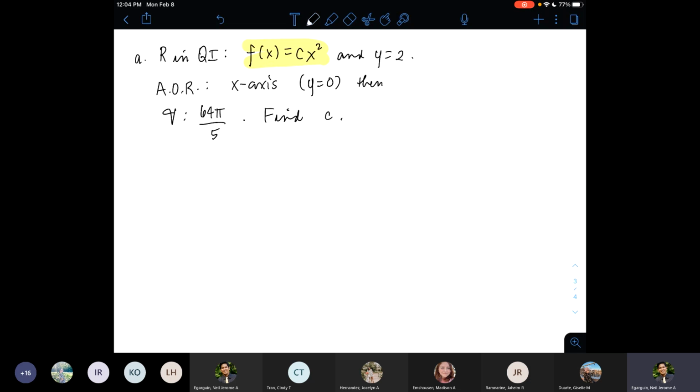Well, c is an unknown constant, so let's just deal with that. Just imagine c to be a parameter, or a constant. We just don't know its exact value yet. So with that in mind, cx squared is the equation of a parabola, right? Whatever the value of c is.